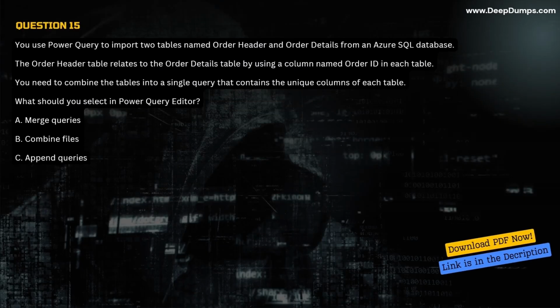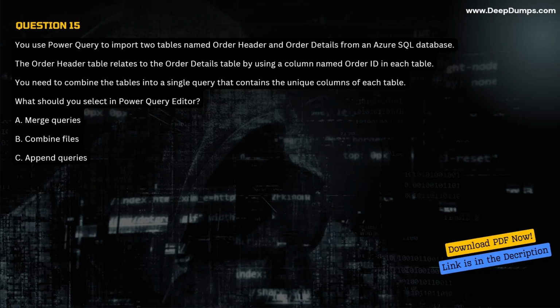Question 15. You use Power Query to import two tables named Order Header and Order Details from an Azure SQL database. The Order Header table relates to the Order Details table by using a column named Order ID in each table. You need to combine the tables into a single query that contains the unique columns of each table.